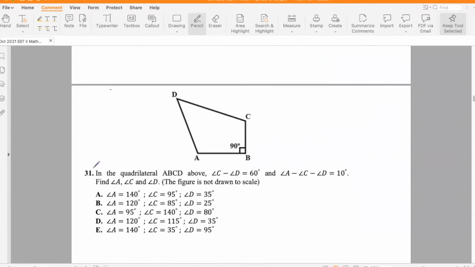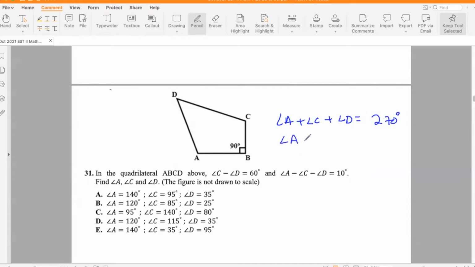In the quadrilateral ABCD above, angle C minus angle D is 60 and angle A minus angle C minus angle D is 10. What are angle A, angle C, and angle D? Okay, so we know that the sum of the four angles will be 360. So angle A plus angle C plus angle D would be 270.